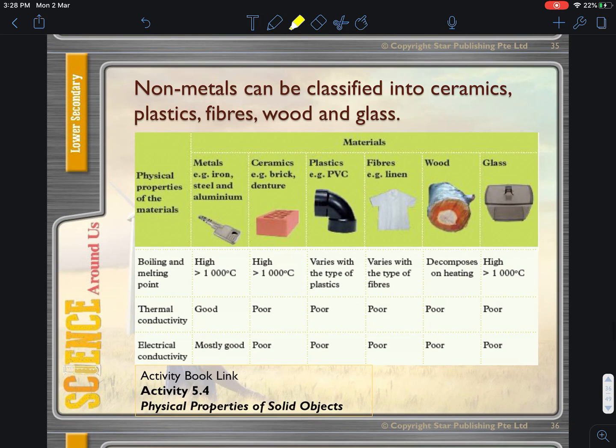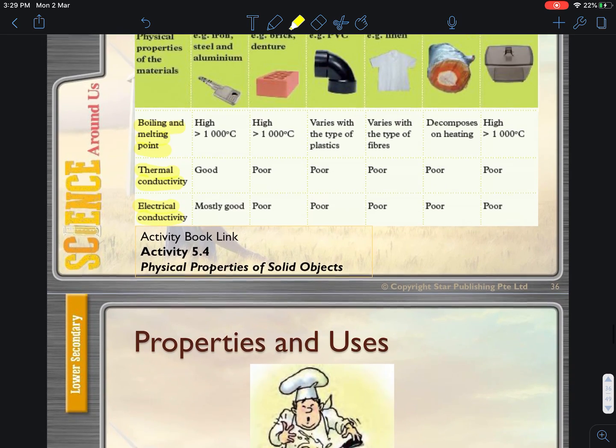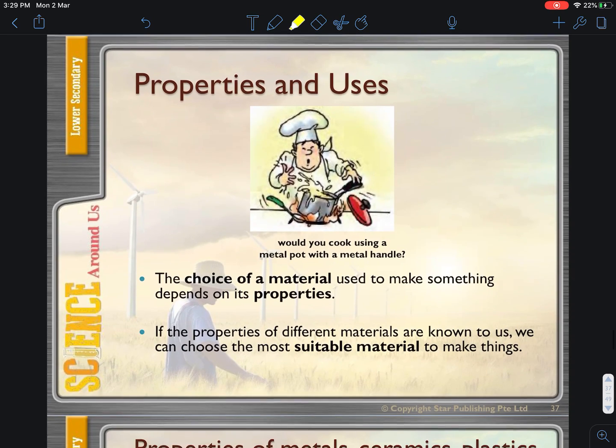But do take note that there are other physical properties like boiling and melting point, thermal conductivity, and electrical conductivity. So all these are examples.